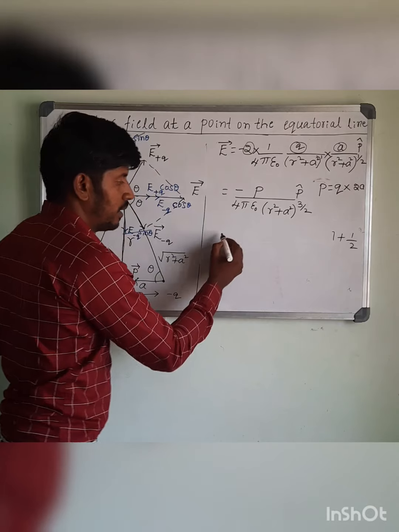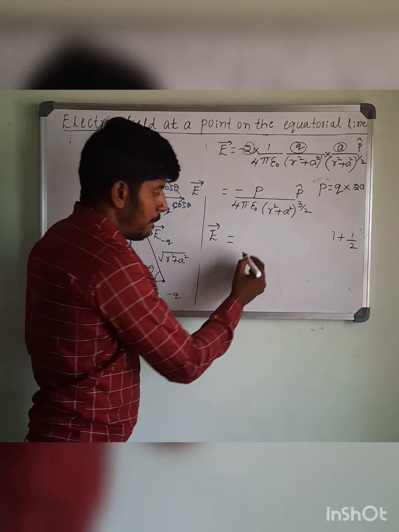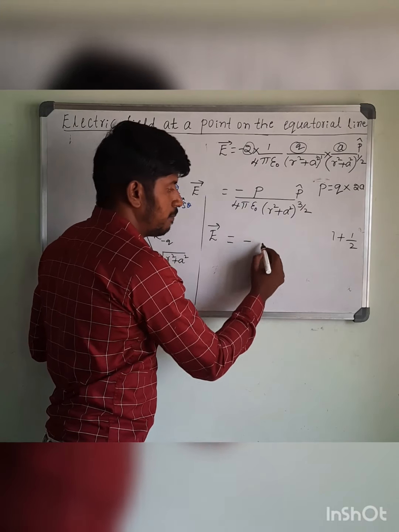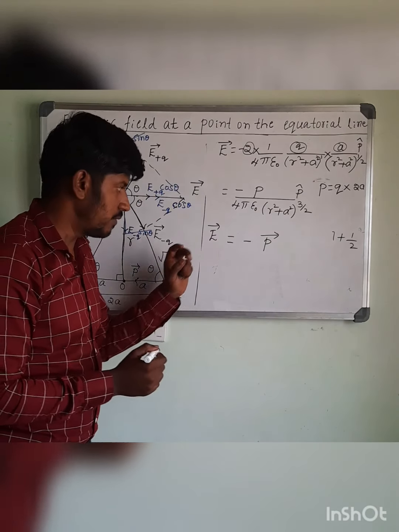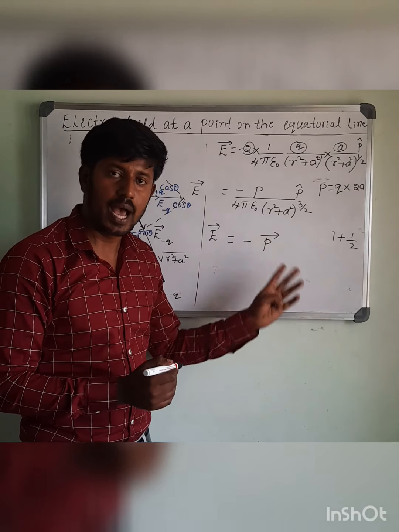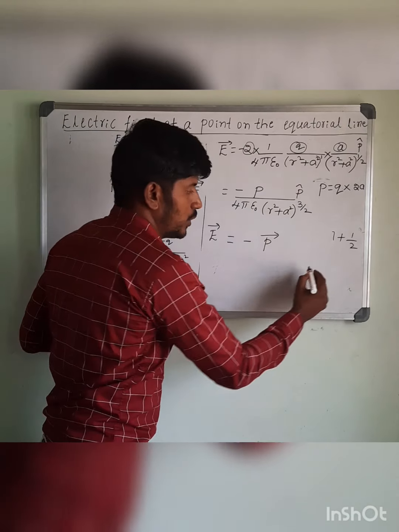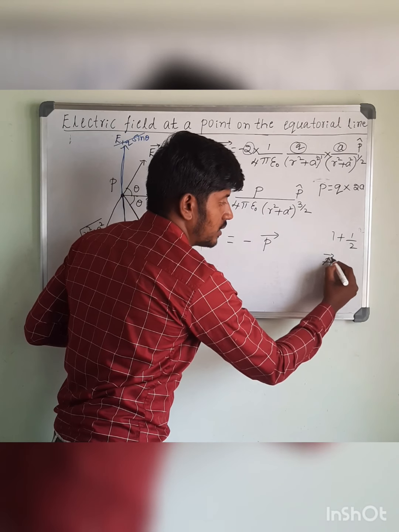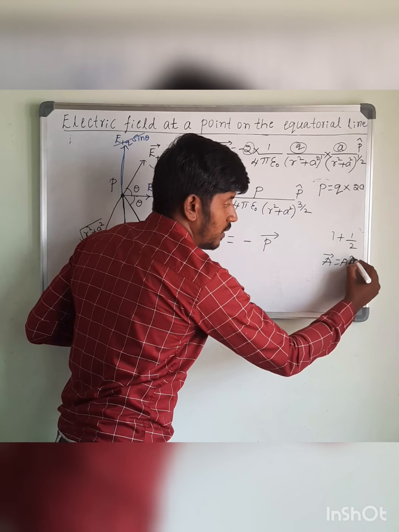3 by 2. That equals E vector is equal to minus p into p cap, which means it is the p vector. Because dipole moment is a vector, it has both magnitude as well as direction. So this is the magnitude and this is the direction. Any vector can be represented in both magnitude as well as direction.